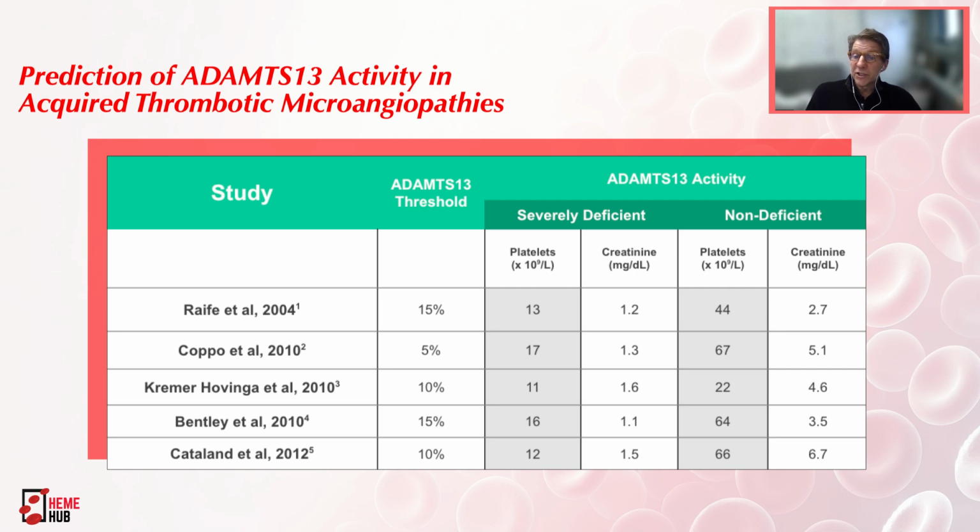If you look at the patients who were eventually found to have measurable or non-deficient ADAMTS13 activity, again, the opposite: the higher platelet count, greater degrees of renal injury and renal failure. So the PLASMIC score is quite good, helps to organize your thoughts and how you approach this. But what really drives this is the platelet count, the creatinine, and a clinical assessment of other causes of that thrombocytopenia.